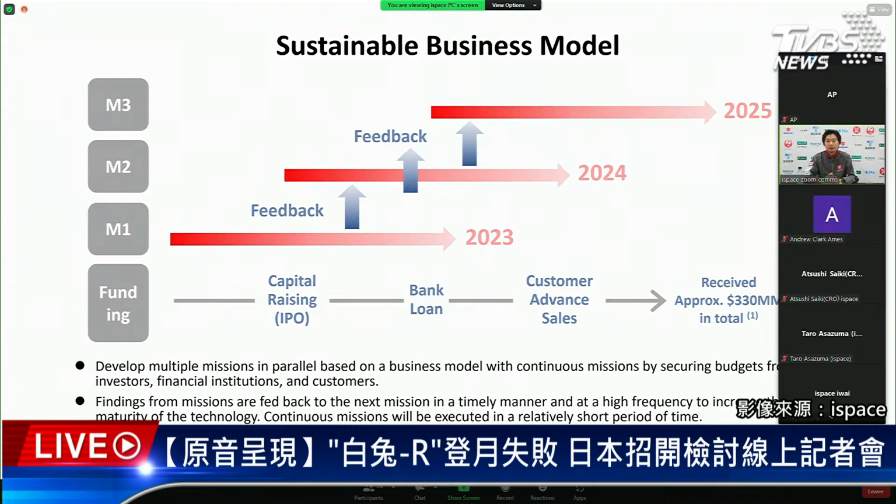To sustain the development of these multiple missions, we have been raising a large amount of money from capital raising, bank loans, and customers' advance sales, and we have a great financial basis. With this background, we continue to develop Mission 2 and Mission 3 as planned.